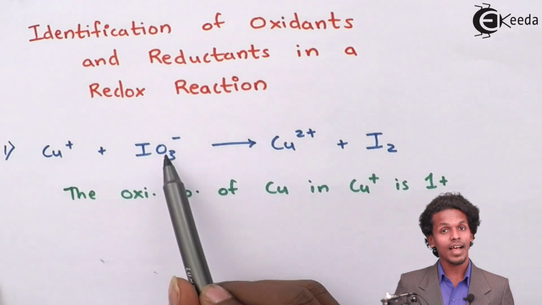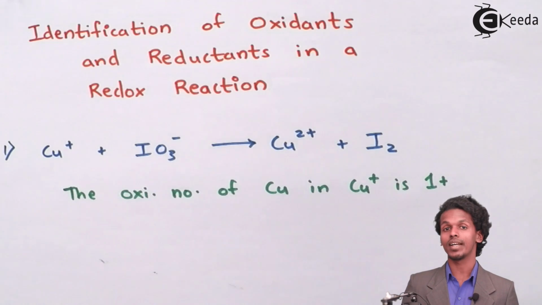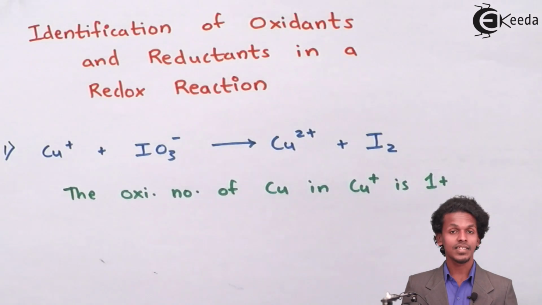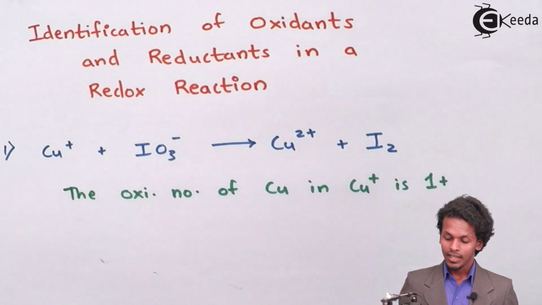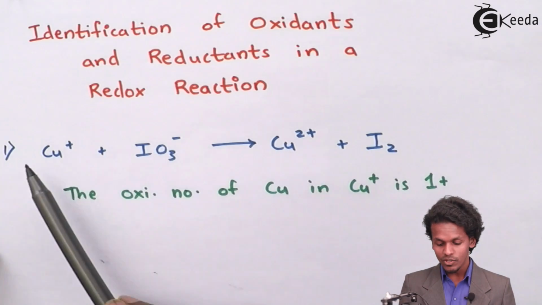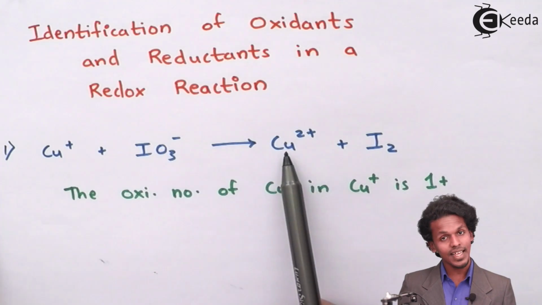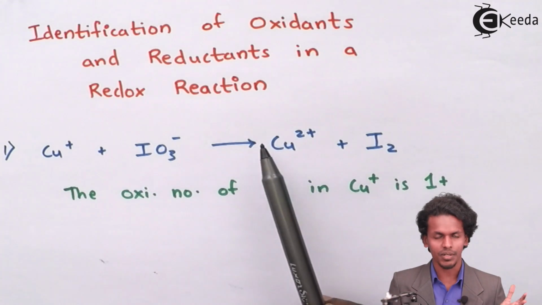But for IO3-, we have to calculate the oxidation number of I, that is the iodine atom. The reason is, as you can see, the copper present here is the same copper present there, but with a different oxidation number.